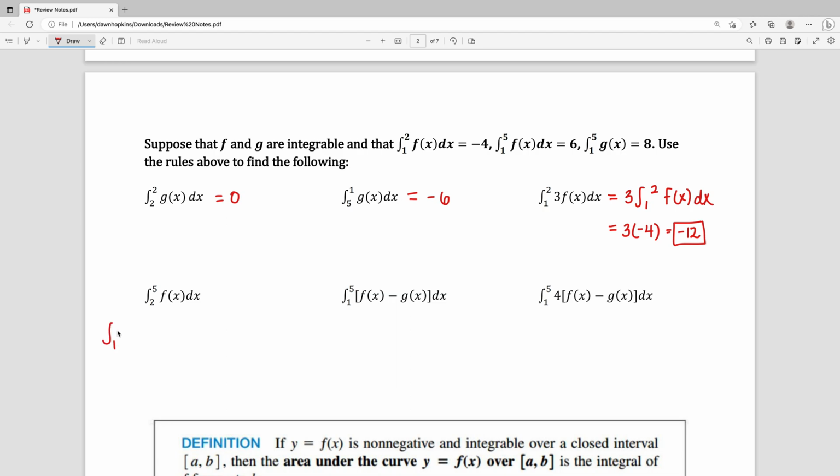If I look at the integral from 1 to 2 of f of x, add to that the integral from 2 to 5 of that same function, what I'm essentially doing is integrating now from 1 all the way to 5. So that's what it's going to equal.